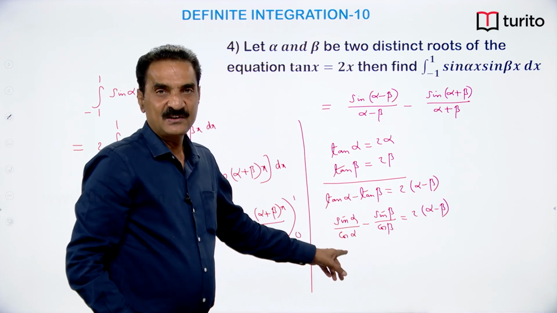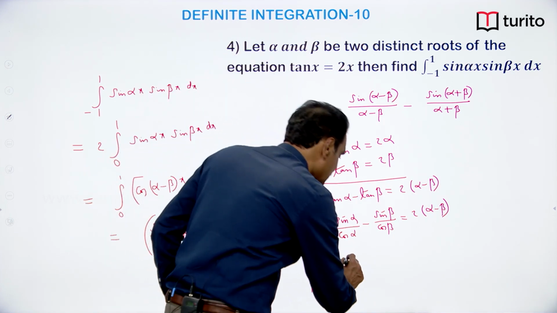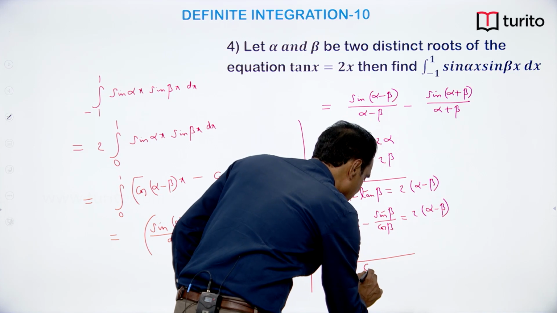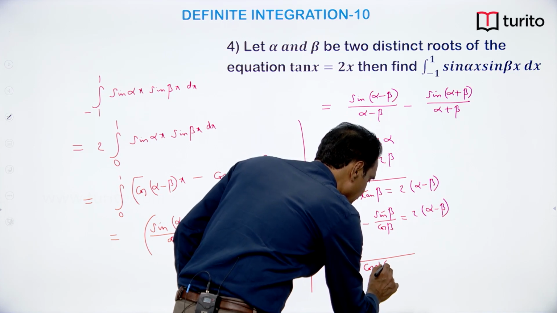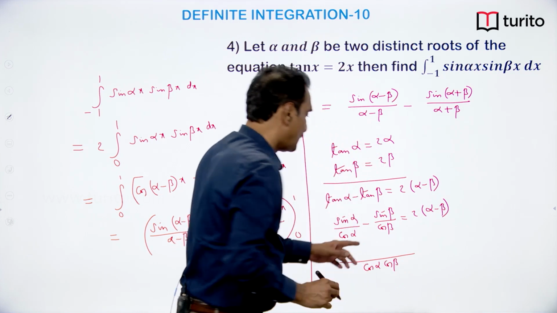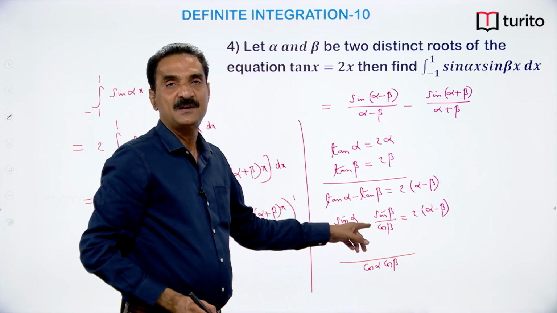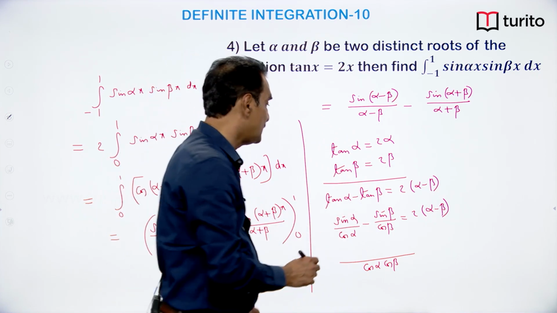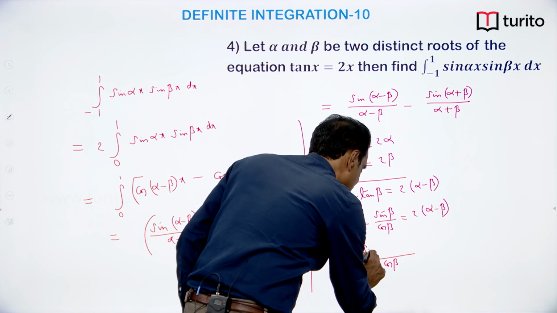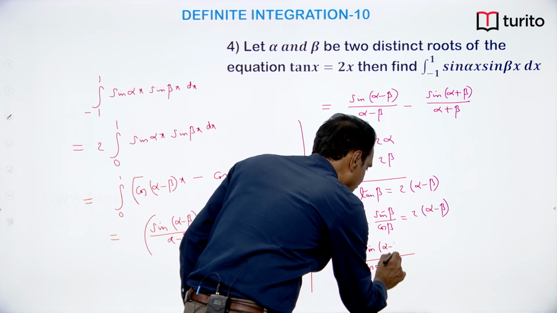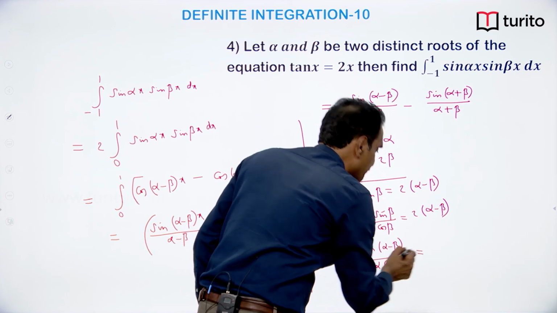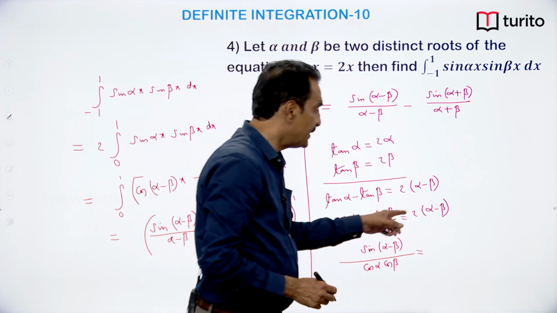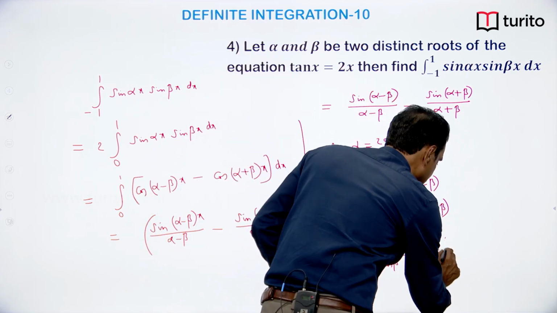Now, take LCM and simplify. LCM is cos alpha cos beta. What is the numerator? Sin alpha cos beta minus cos alpha sin beta, that will be sin alpha minus beta, is equal to 2 into alpha minus beta.